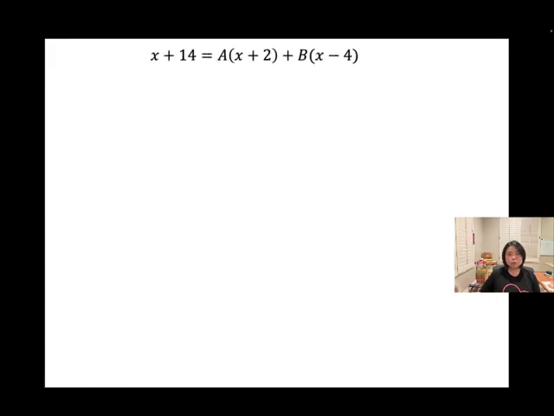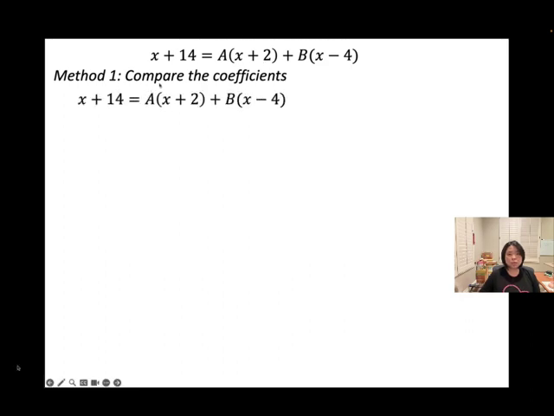Now, we have two methods to find out what A and B are. Method 1, compare the coefficients. On the left-hand side, we have 1x plus 14. On the right-hand side, we rewrite it and then compare the coefficients. We distribute the A and the B, factor out the x, and group these two terms together and these two together.